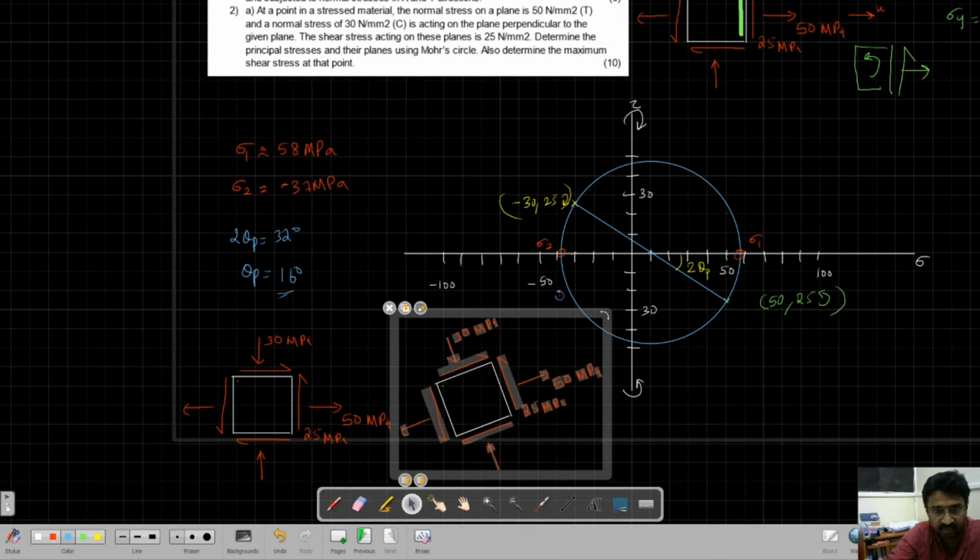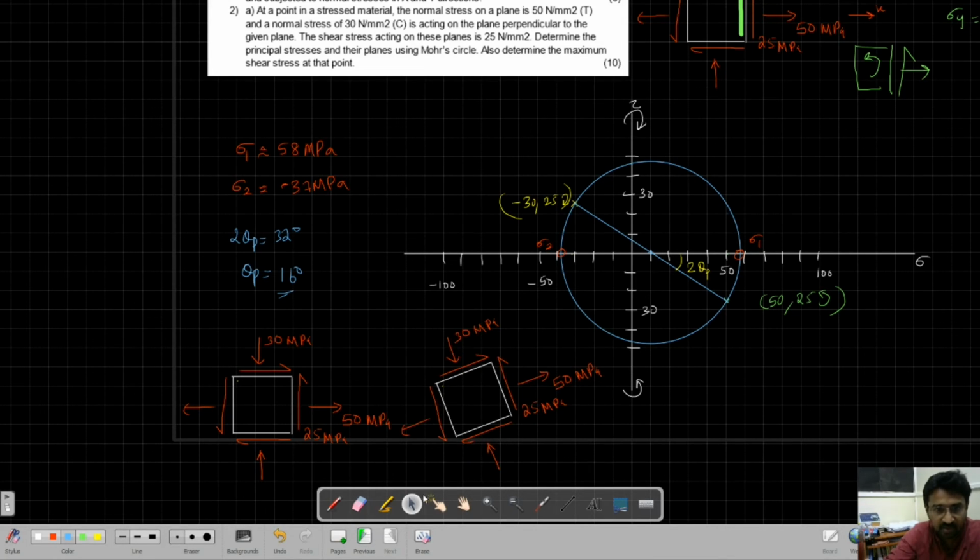So this is, let's say, 16 degrees. This is the plane for the maximum principal stress. I have removed the shear stress because it is a principal plane.